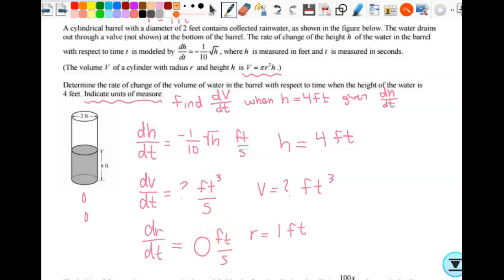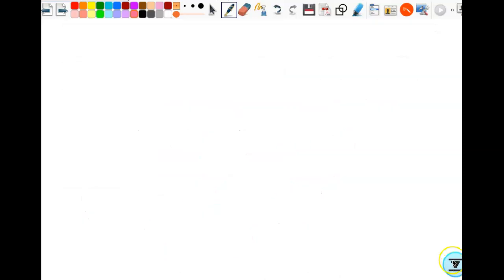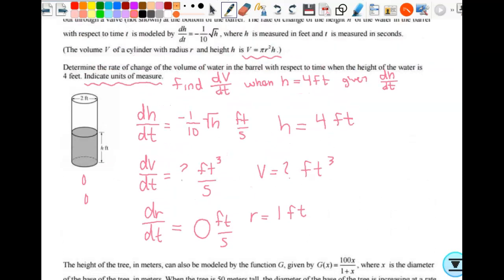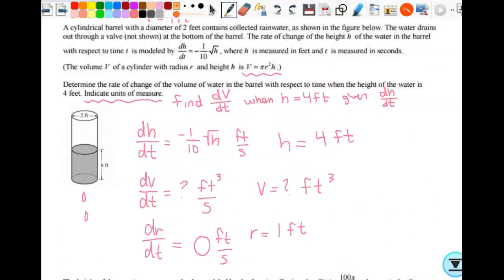All right. So there's 2 ways we can handle this. If I were to take a derivative right now, knowing that we need dV dt, this is my unknown, right? This is what we're trying to find. So we will have to take the derivative of volume with respect to time. If I were to take a derivative of volume with respect to time, what rule would we use? Product rule.